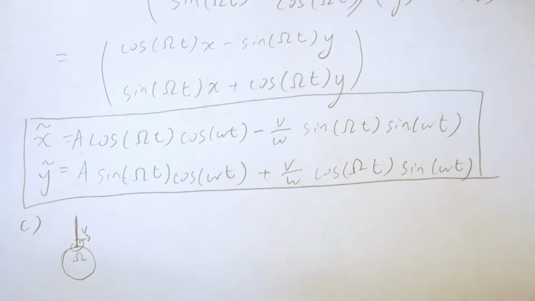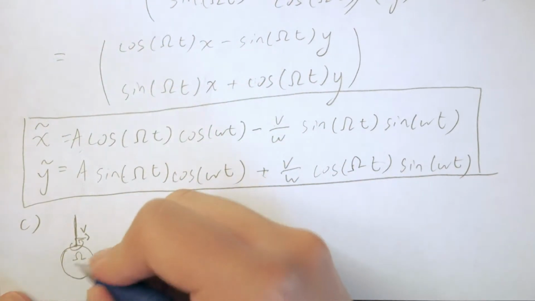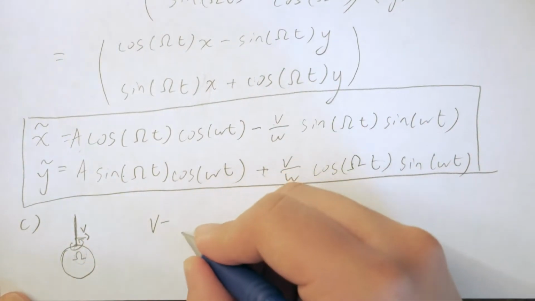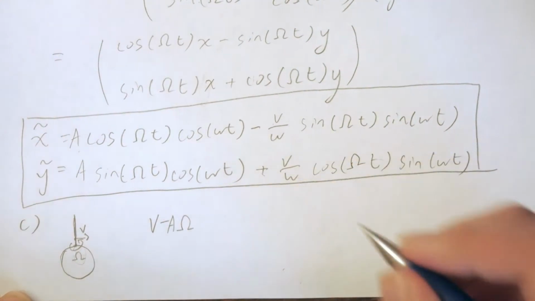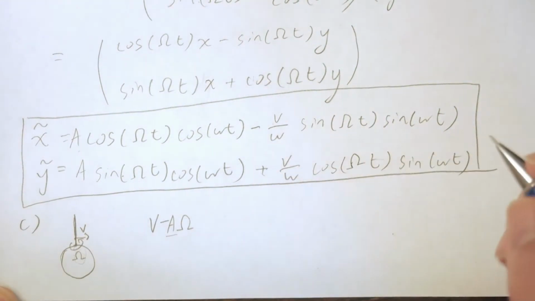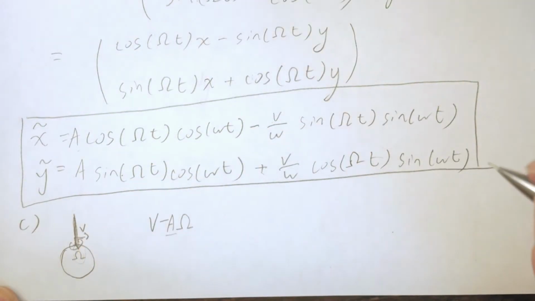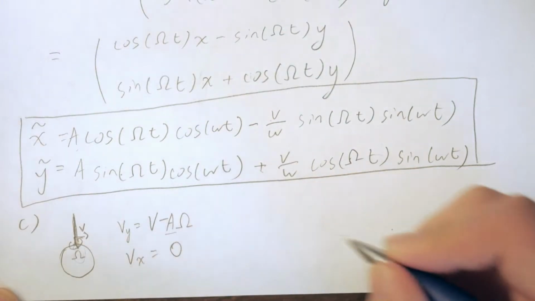The initial speed in the y direction would actually be v minus the speed due to the rotation, which we know is A omega, because A is the maximum distance from the origin. But we also know that the x velocity is 0.